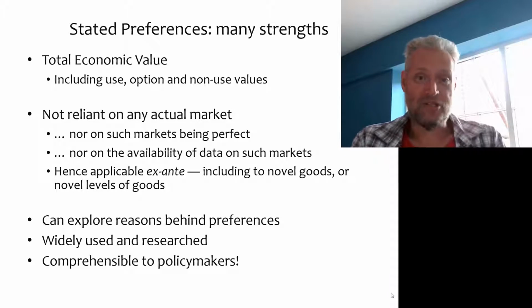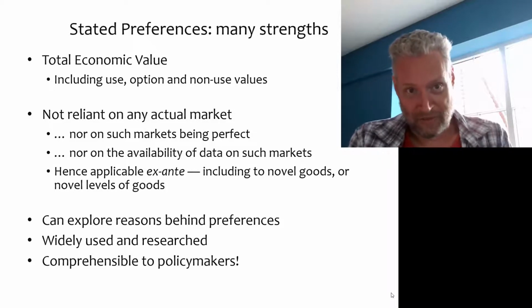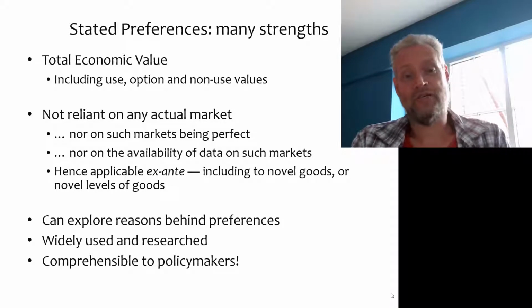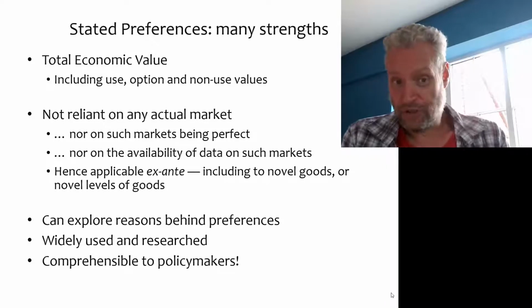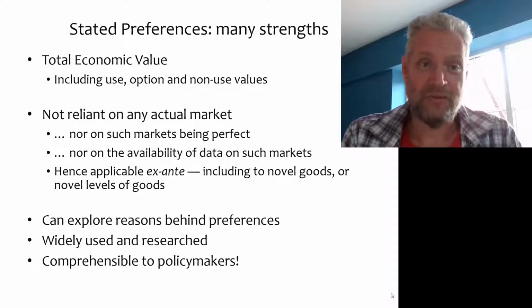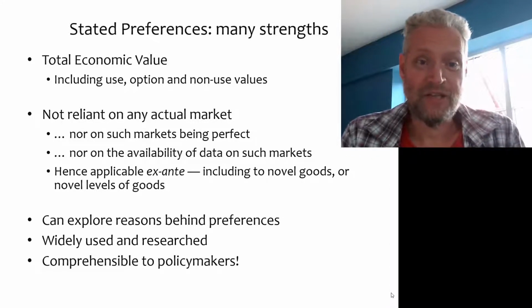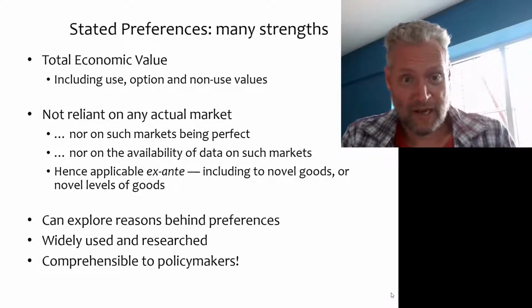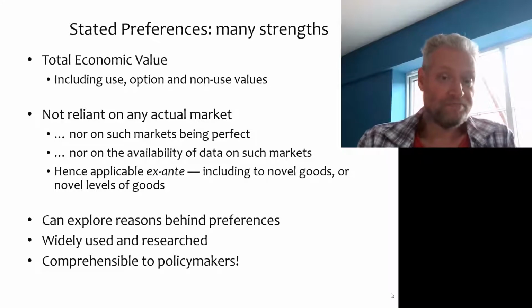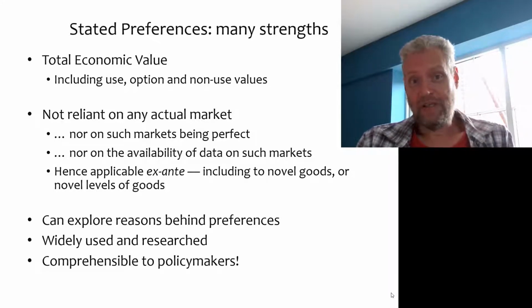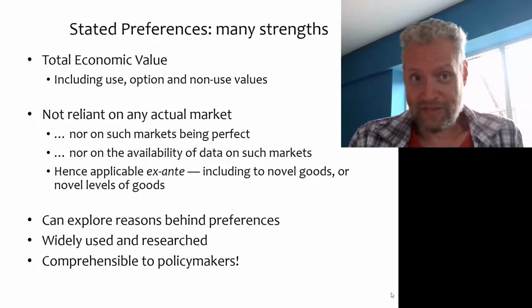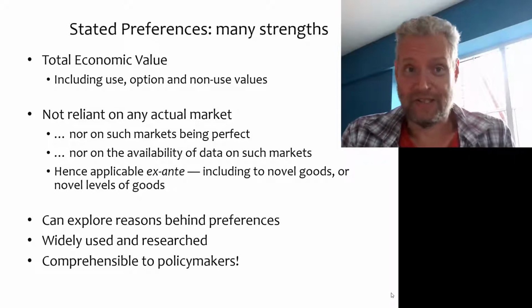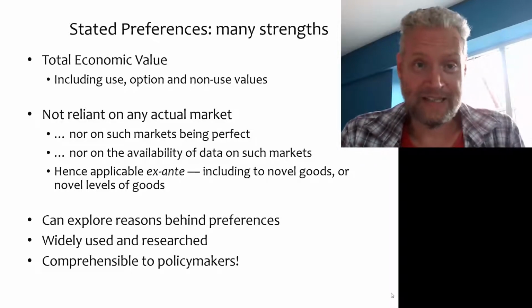A good thing about stated preference methods is that they can be about anything. So we can, in principle, estimate the total economic value of an environmental good or service, not just the use values, but also option values, non-use values, intrinsic values, and what have you. Because we're using a hypothetical market, we do not need to make assumptions about what the market is like.